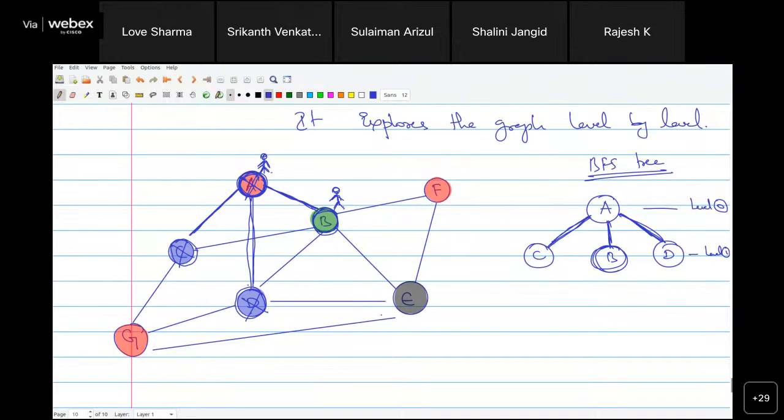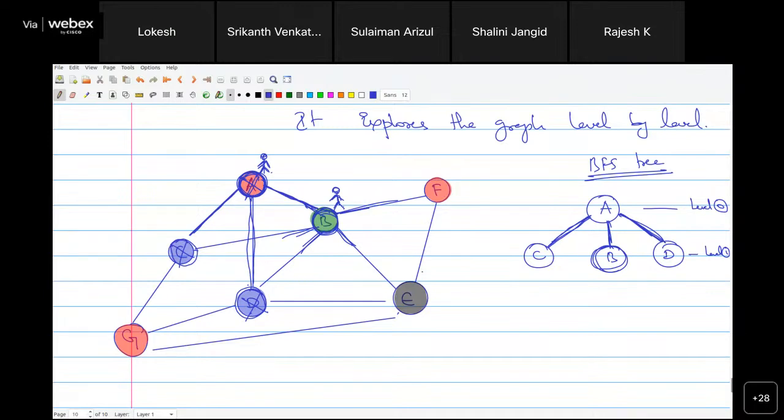We are at B, and we want to explore the graph staying at B. So I will look at all the edges that are incident to B and who are the neighbors of B, and how many of them are explored and how many are unexplored. B has 5 edges and 5 neighbors: A, C, D, E, F. Out of those 5 neighbors, 3 are explored and 2 are unexplored.